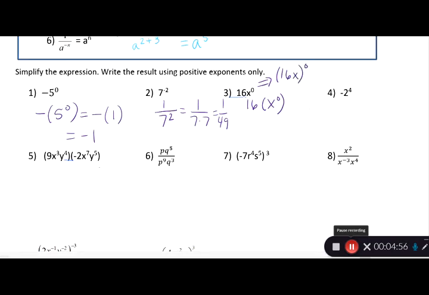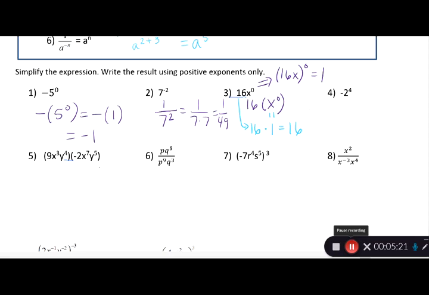This answer would be equal to 1. But this answer, 16 times x to the 0, the x to the 0 is equal to 1 times 16 equals 16. That's the answer to this one. So please make sure that you pay attention to what actually has the exponent on it, okay?